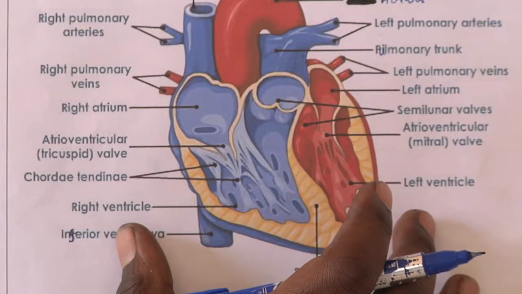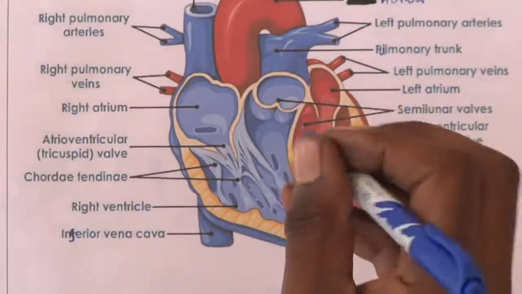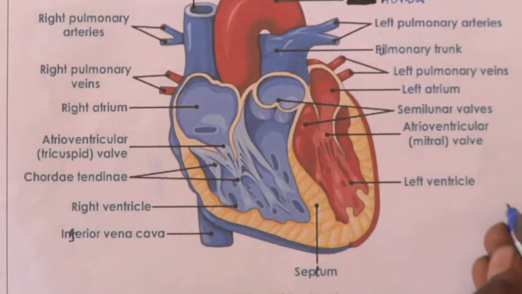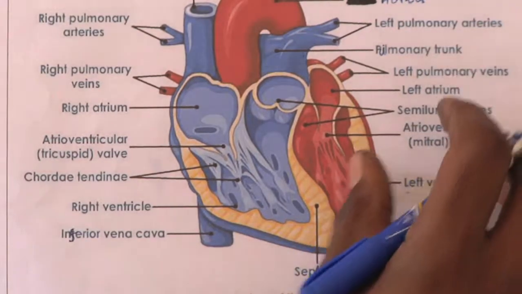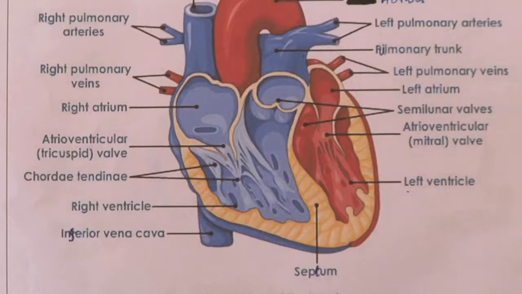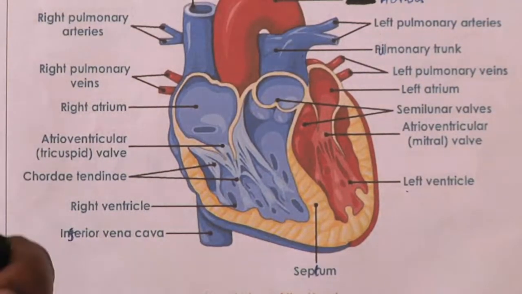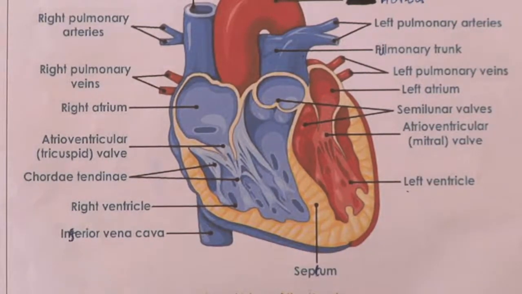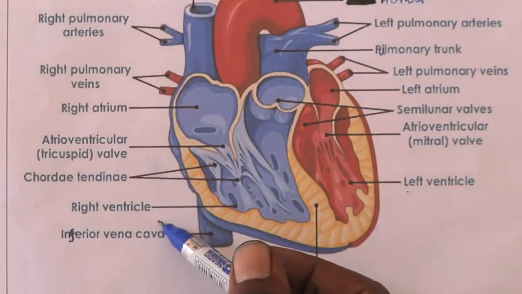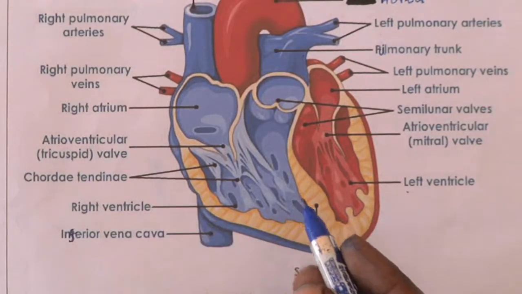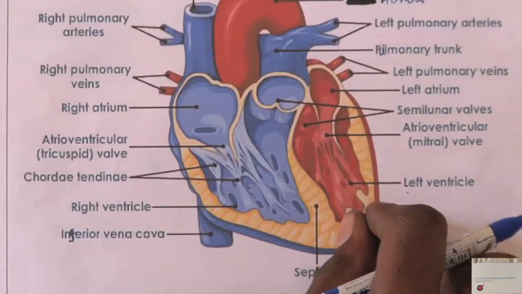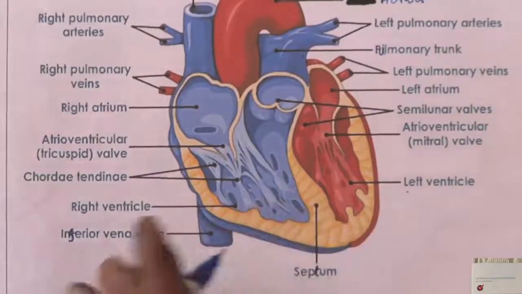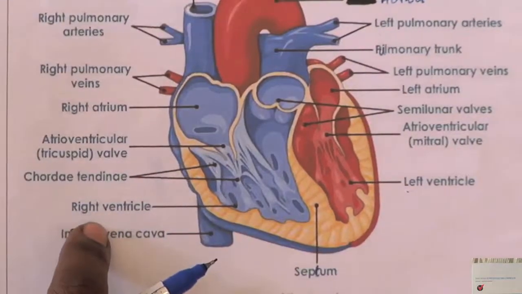When the heart is drawn, your right hand side always indicates the left part of the heart, and your left hand side will always indicate the right part of the heart. That is why I am easily able to identify this particular ventricle as the left ventricle and this one as the right ventricle.